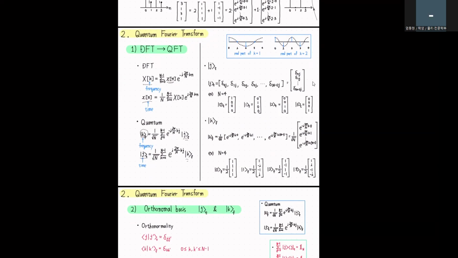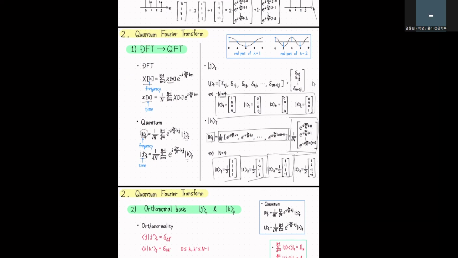So for example, for n equals 4, if we represent these four basis states as so, then applying the quantum Fourier transform to get k̃ in the frequency domain obtains this wave function right here, as so. So in the frequency domain, we can rewrite these over here.